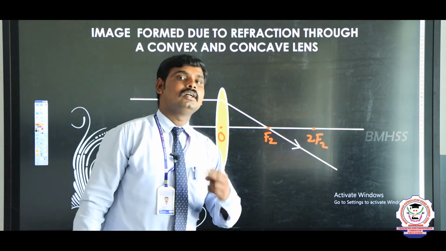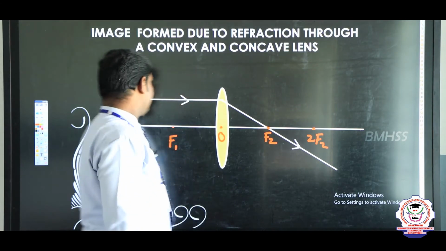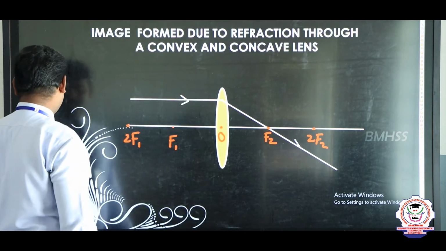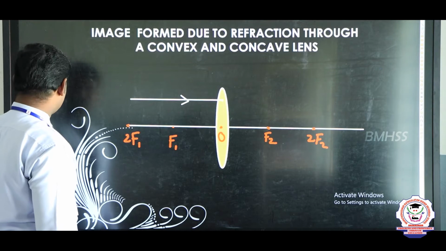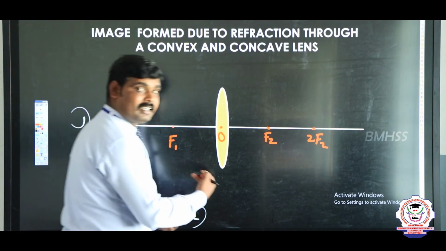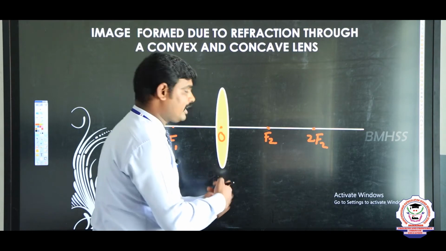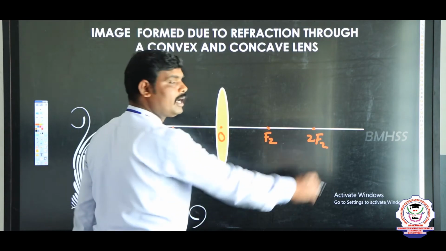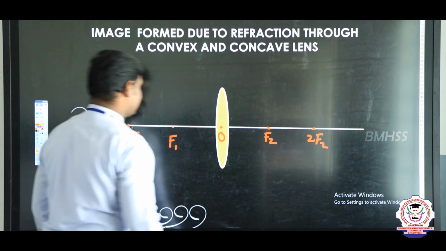Next, rule number 3. Rule number 3: when light passes through the focus, after refraction it will be parallel to the principal axis.